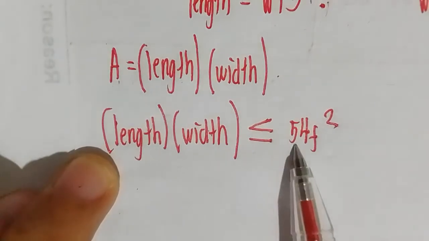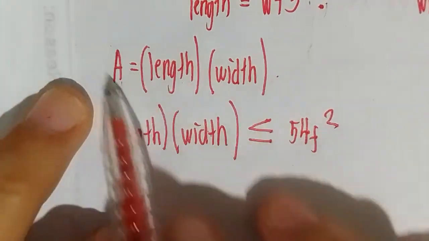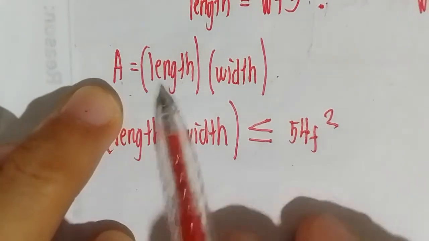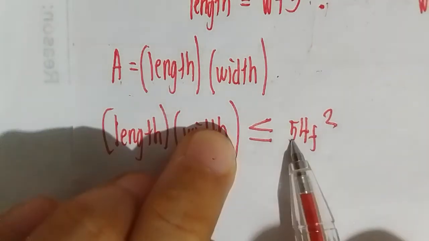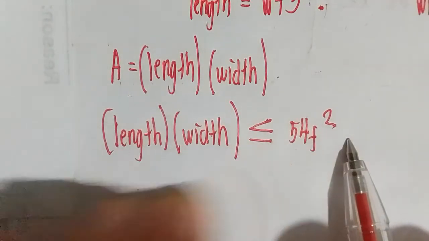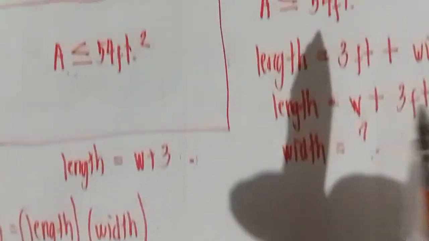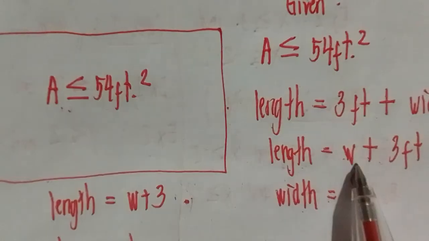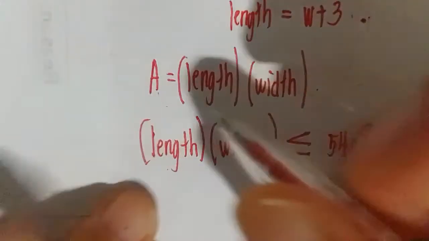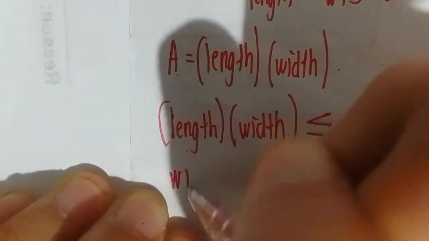First is constructing the sentence. The idea comes from the formula for the area of a rectangle, so we substitute the length and width to make the quadratic inequality. Going back to your list of given, the length is W plus 3, so we replace length with W plus 3.